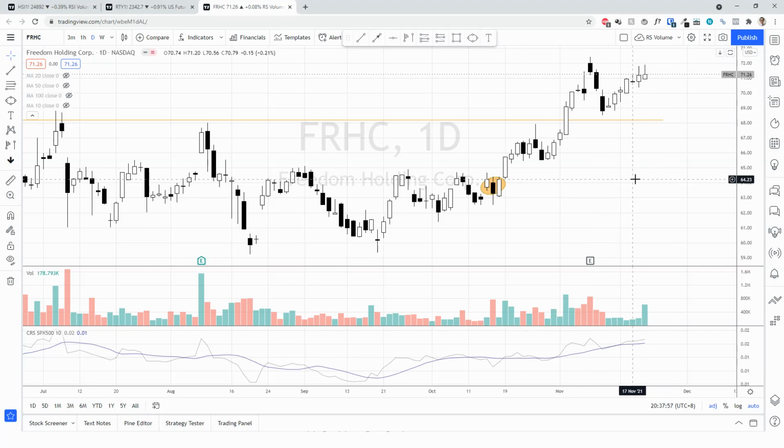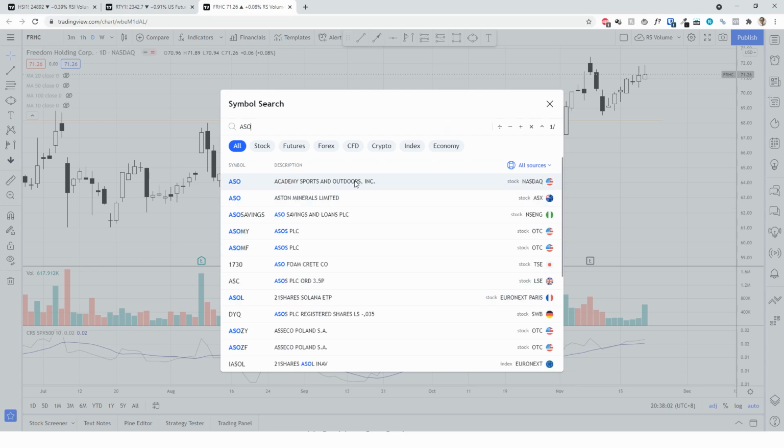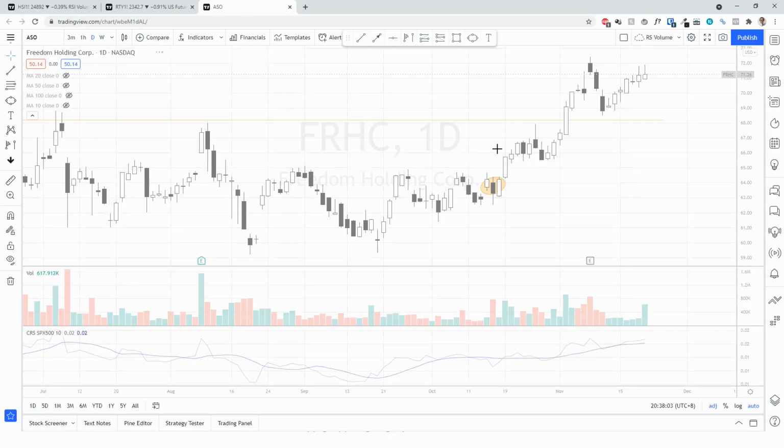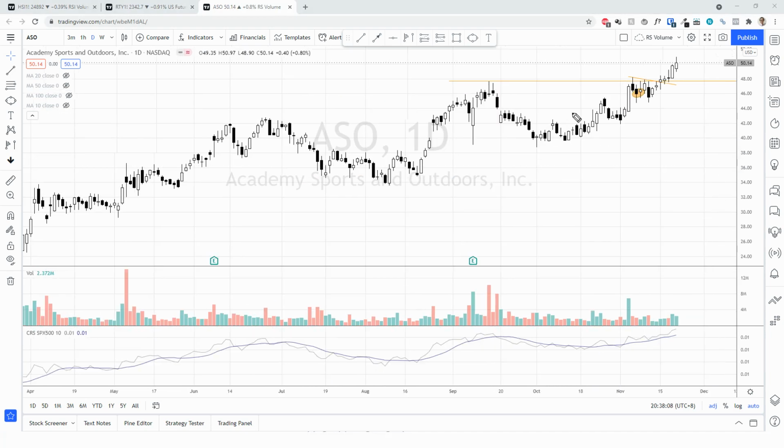Okay, so next one is the ASO. This is ASO, Academic Sports and Outdoors. I talked about ASO somewhere around here, maybe 2 weeks ago. Also in anticipation of a breakout trade.